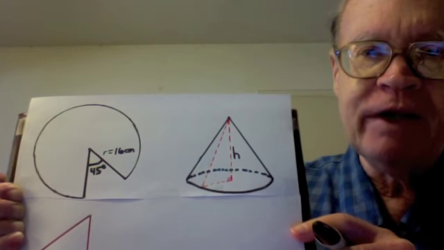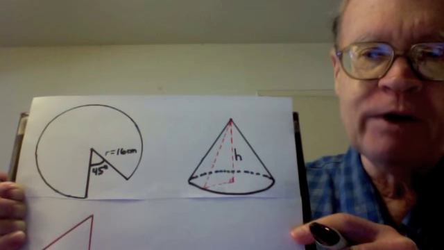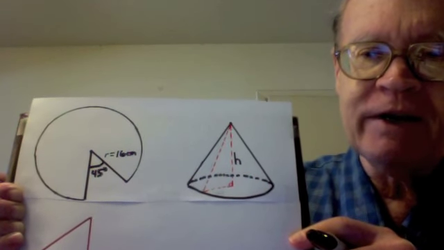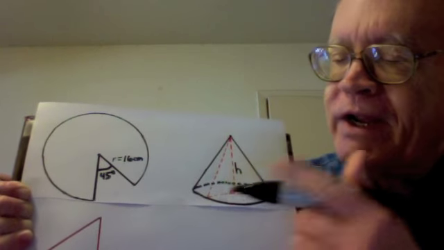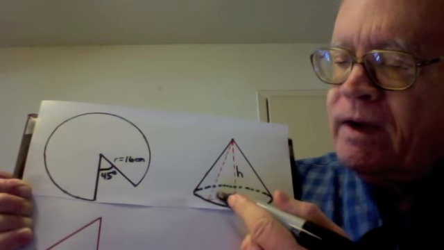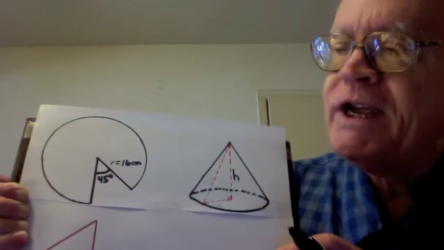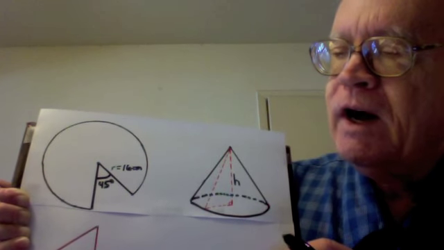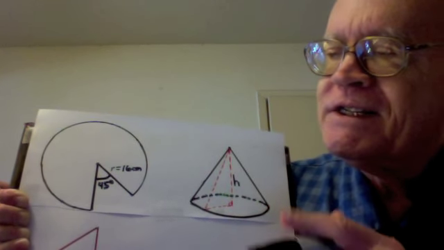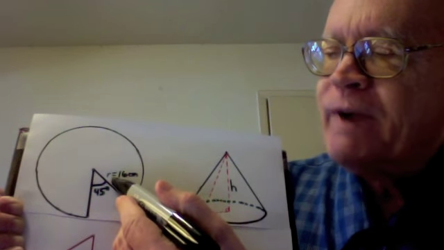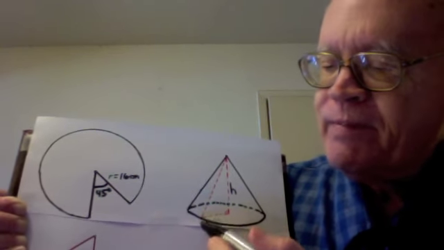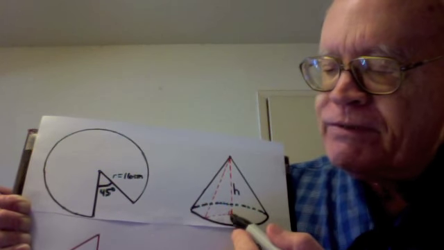Again, using the circumference formula, circumference equals 2 pi times the radius, we find that the radius of the base of the cone is 14 centimeters. A shortcut is that 7/8 of this radius, 16 centimeters, is 14 centimeters.